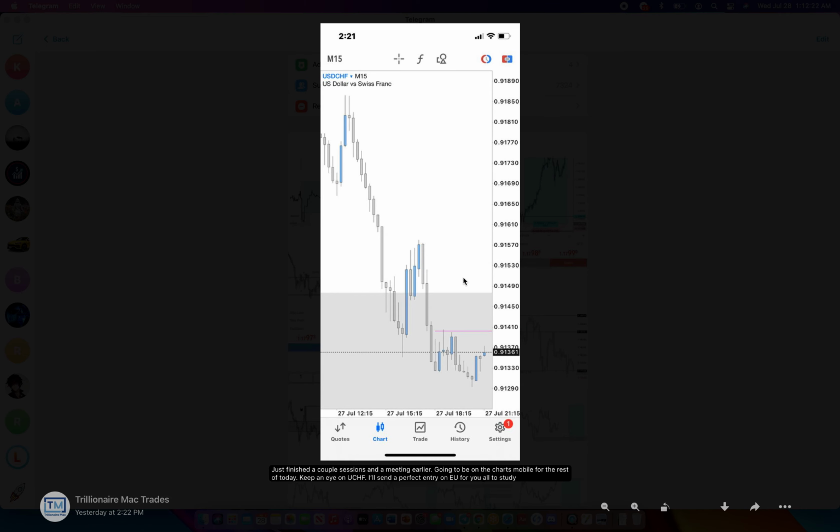As you can see, once USD CHF, which is this pair right here, started setting up, it looks like this. I said I just finished a couple sessions in a meeting earlier, going to be on the charts mobile for the rest of today, keeping an eye on USD CHF. I'll send a perfect entry on EU for you all to study as well.